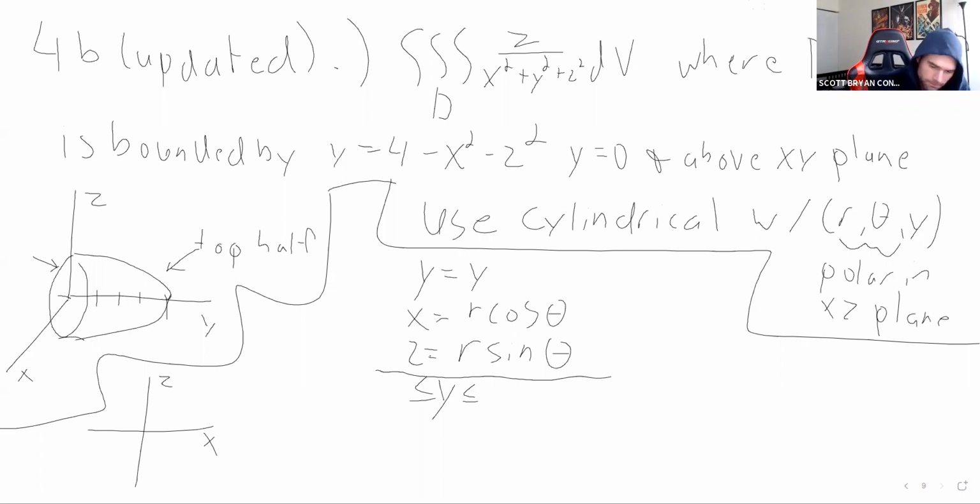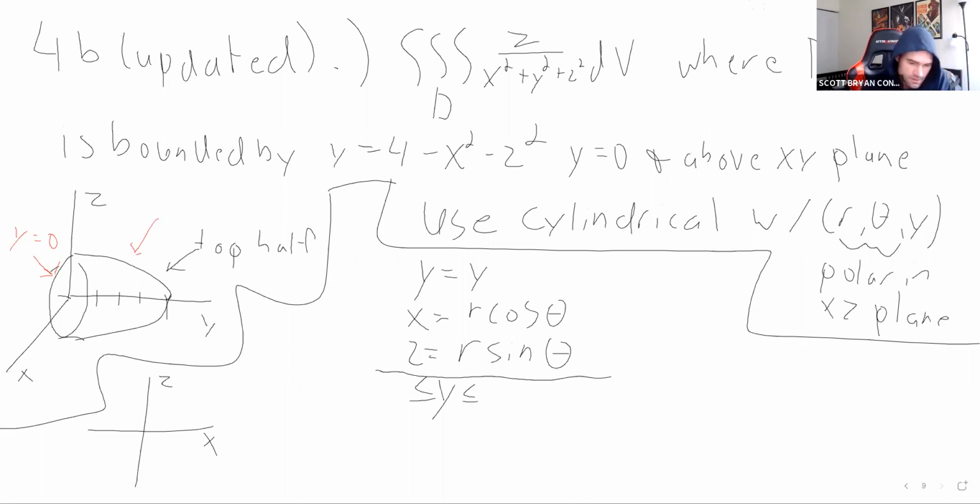Let me use red here. Okay, so y is bounded to the left, where y is smaller, by the XZ plane, that is y equals what? Y equals 0, right?